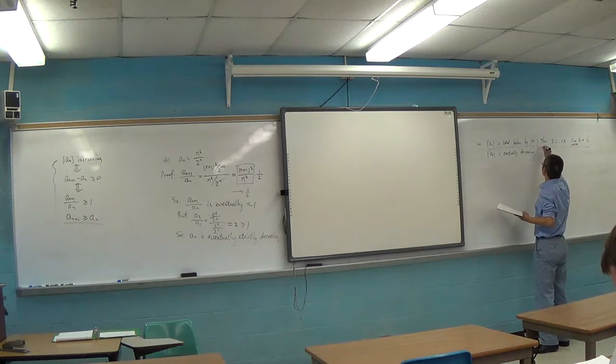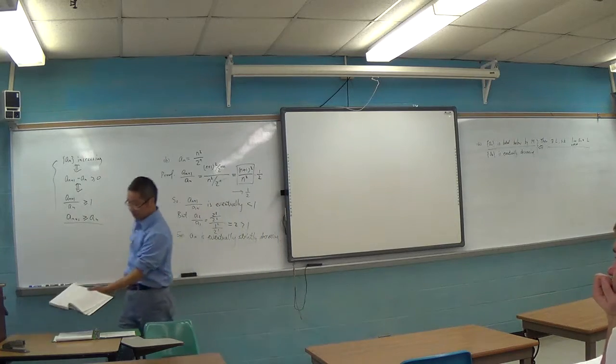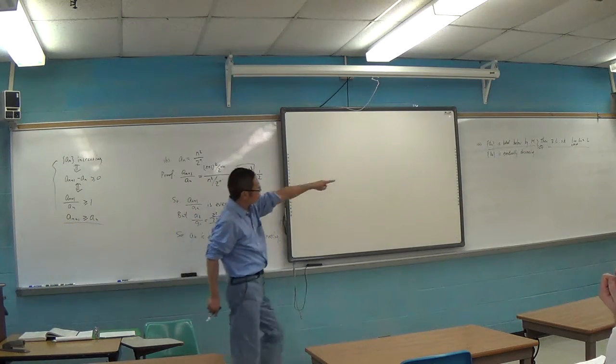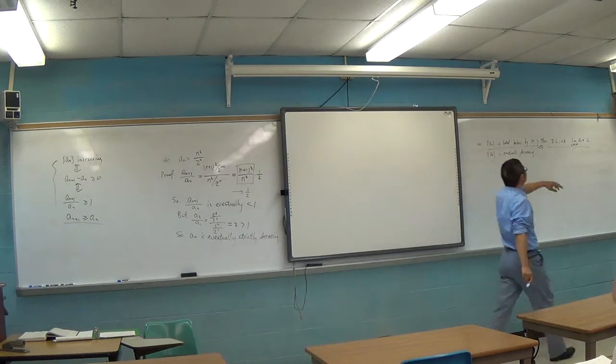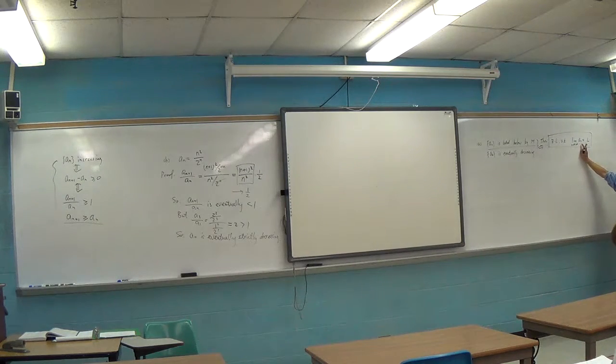That means, based on these 2 conditions, we need to show that there exists L such that the limit of AN equals L. This just means we want to show that AN converges. Right? Converges just means there exists L such that this limit holds, right? Okay.